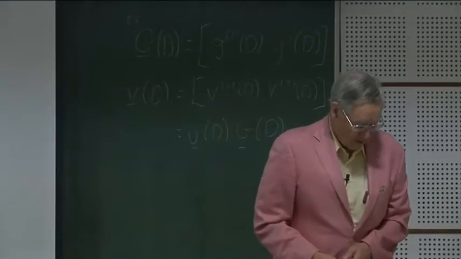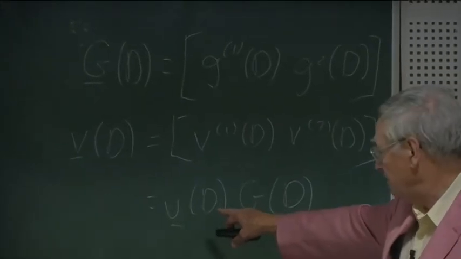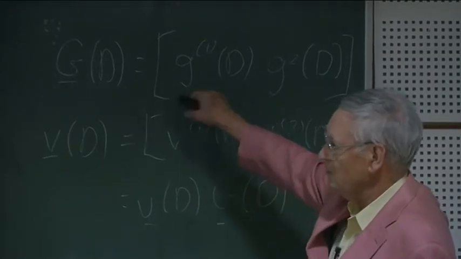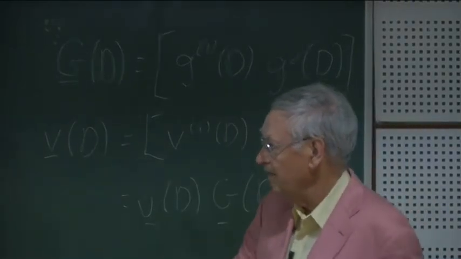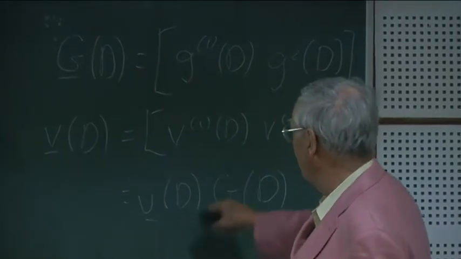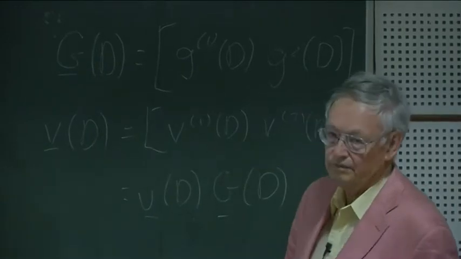Okay, so you multiply the information polynomial u of D by g of D. You're multiplying u of D by g1, which is what we're doing right here, to get v1. And you're multiplying u of D by g2 to get v2.